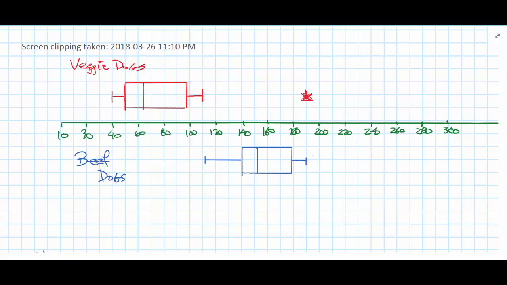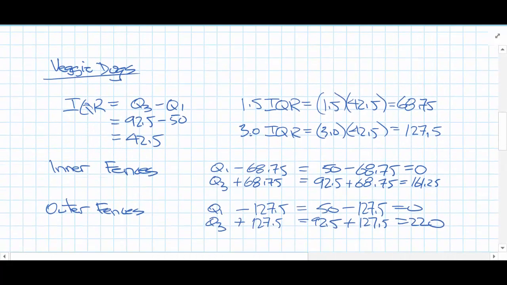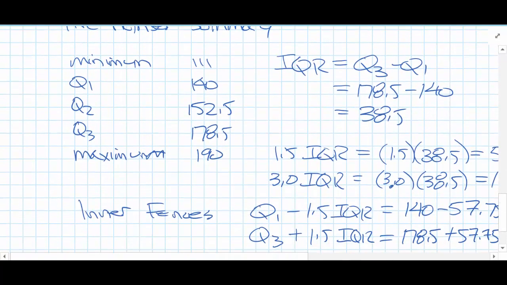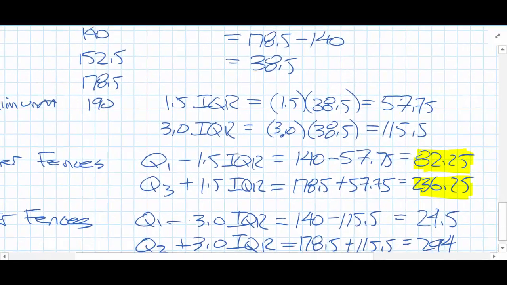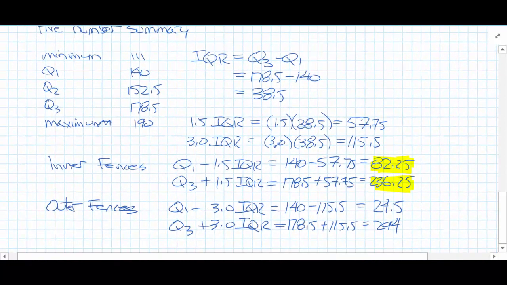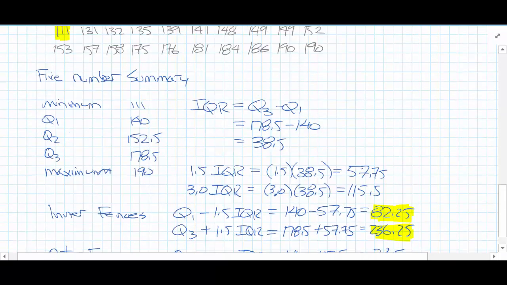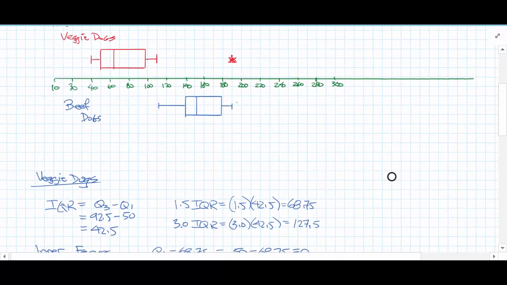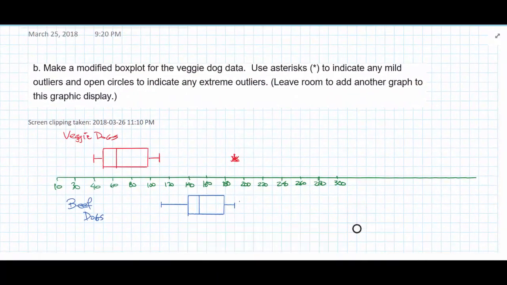Notice that the whiskers for the beef dogs are actually the same as the minimum and maximum values for the basic box plot, because with the beef dogs, when I calculated 1.5 times the interquartile range, we ended up with inner fences of 82.25 and 236.25, and none of our data values were outside of these inner fences, which means that the minimum and maximum values in our data for the beef dogs actually are the whiskers.